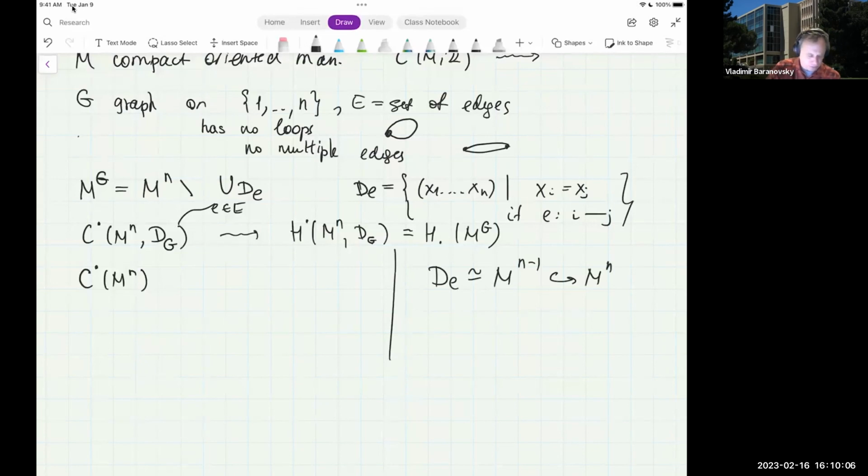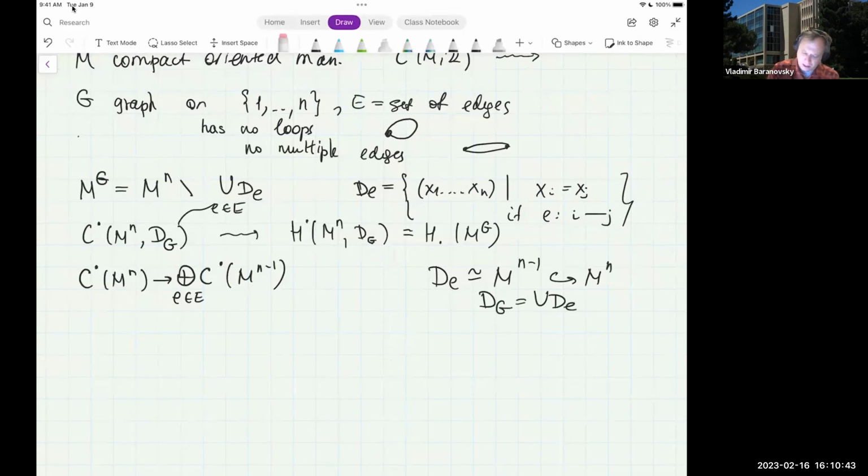And so to start constructing the complex, we in some sense remove, but in fact we are just looking at the cone of this map into C^n minus 1, where the sum runs through all possible edges in E. So this is kind of like removing each of the double diagonals. So let me just write that DG is the union of DE.